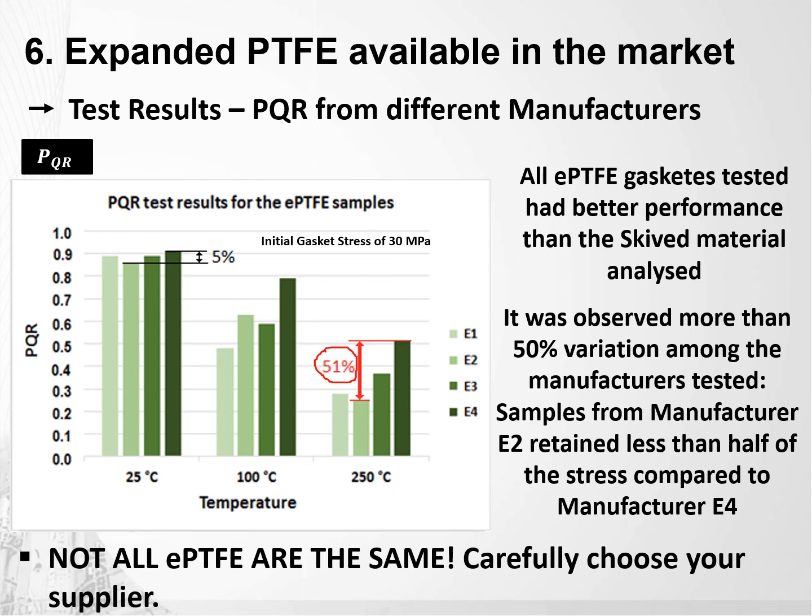Gaskets from manufacturer E2, this one, had much worse performance than gasket from manufacturer E4, this one. And remember, these are all gaskets that look very alike but are extremely different performance-wise. Not all PTFE gaskets are the same, and end users must be careful when making their specifications to avoid using products that perform like E2 when they actually need and expect E4 performance.